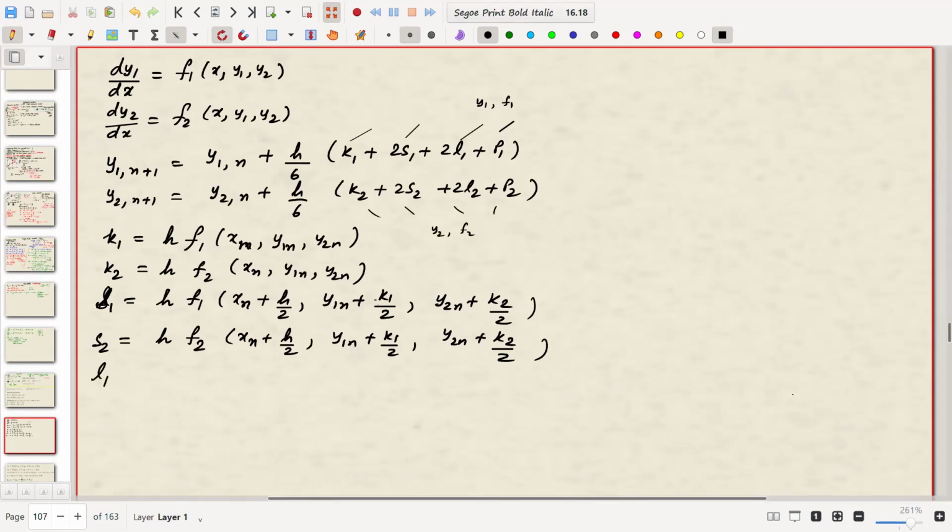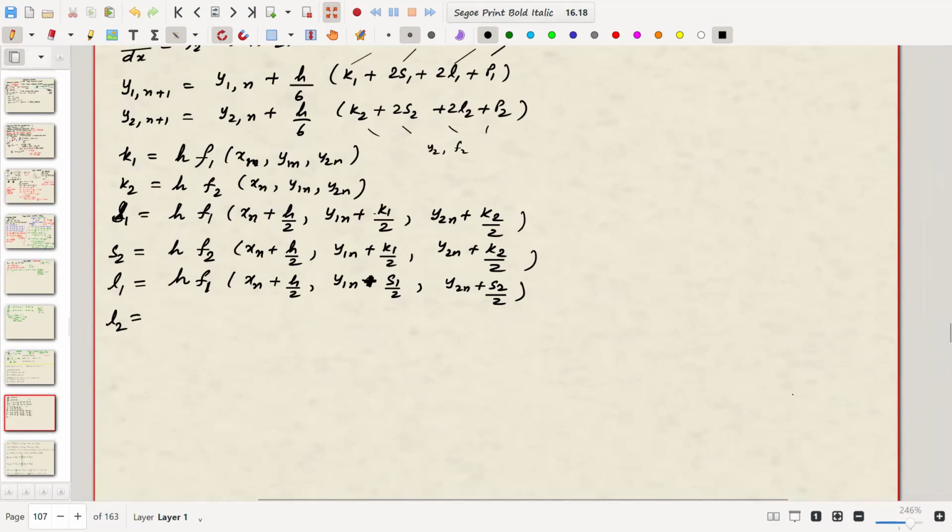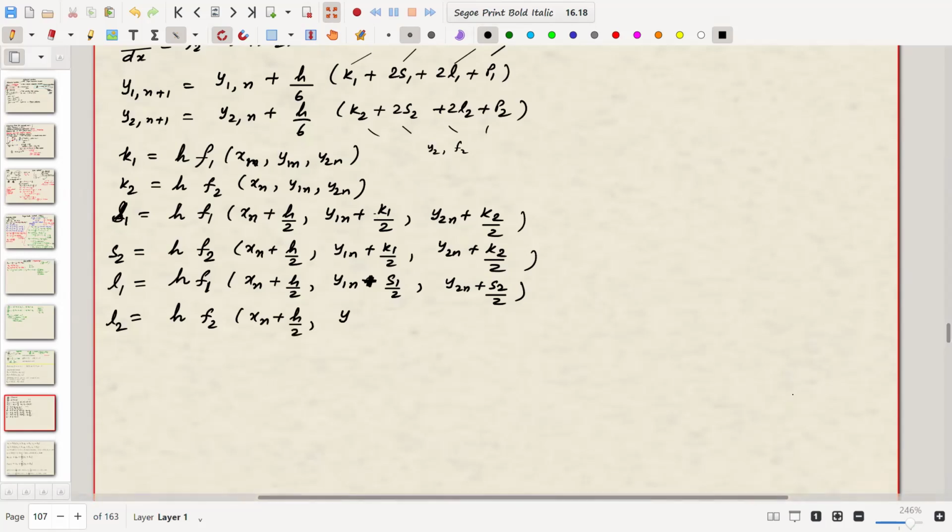Okay, then what is L1? H into F1 of xn plus h by 2, y1 plus, yes, s1 by 2. So many of them already got the pattern behind this. Next one, L2, h into, yes, just follow the pattern.